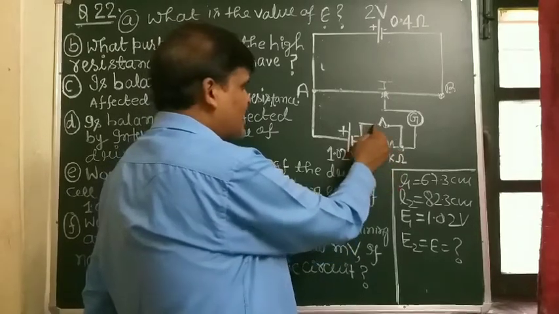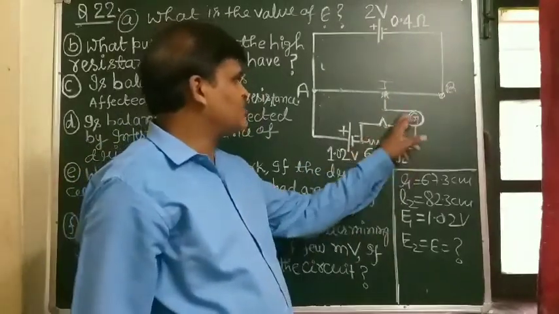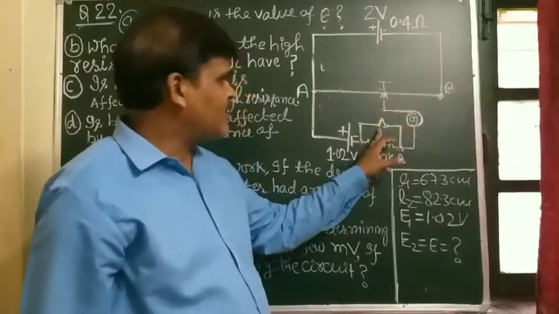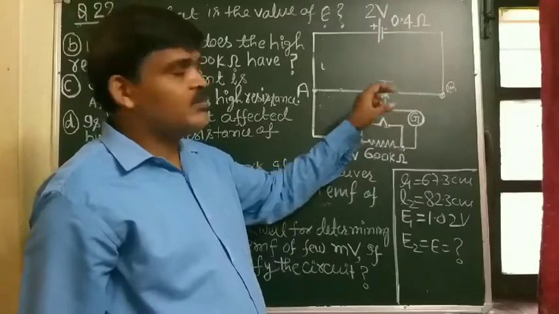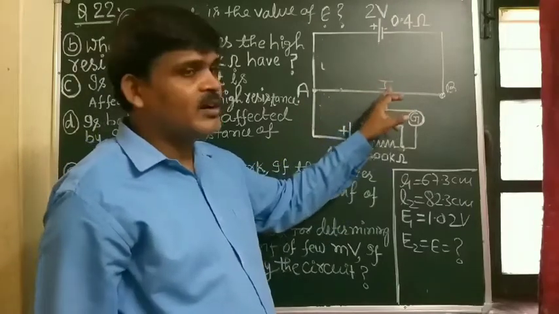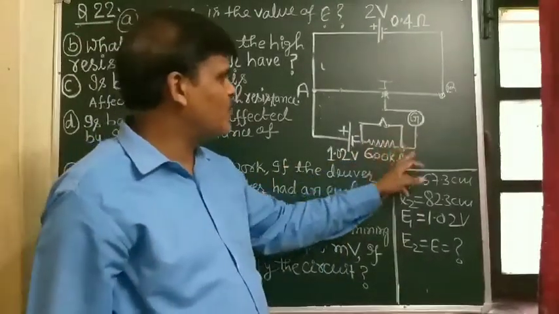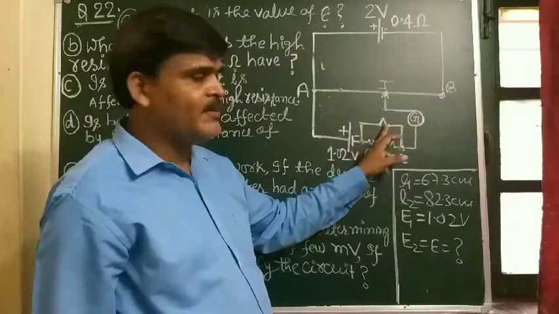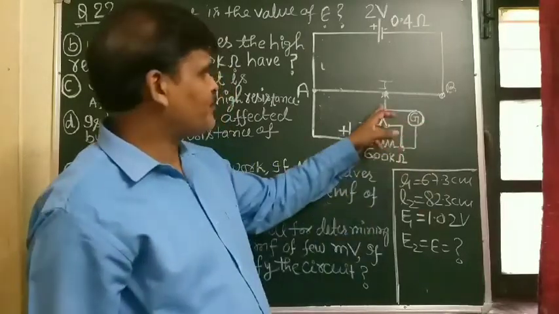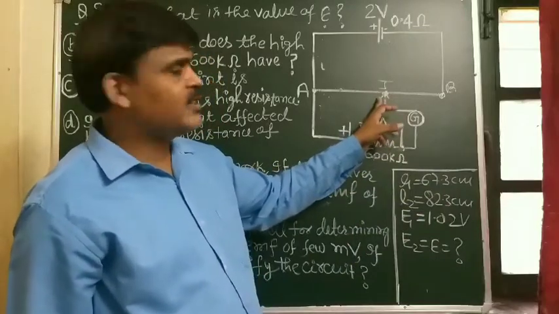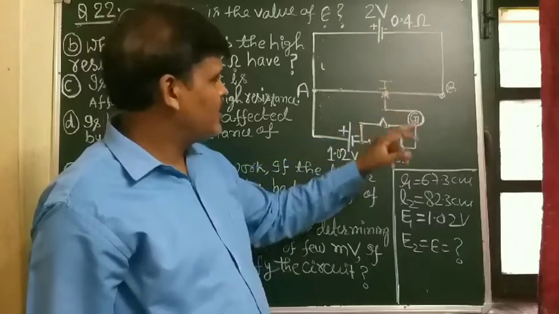A high current would flow, but it will not pass through the galvanometer, because at the null point shown by the jockey there will be no deflection in the galvanometer and no flow of current. After shorting the circuit, the balancing condition is still obtained at the same point J.